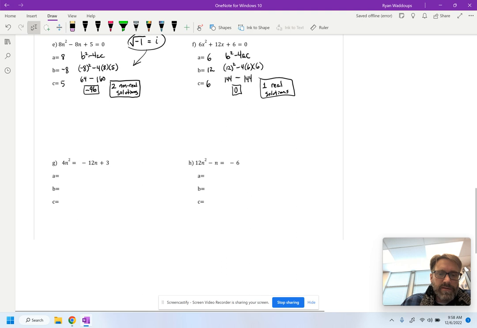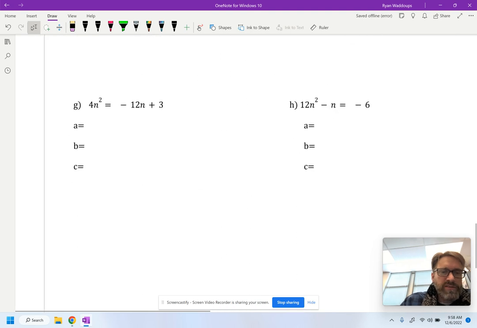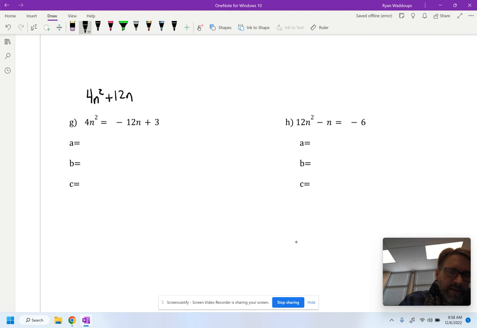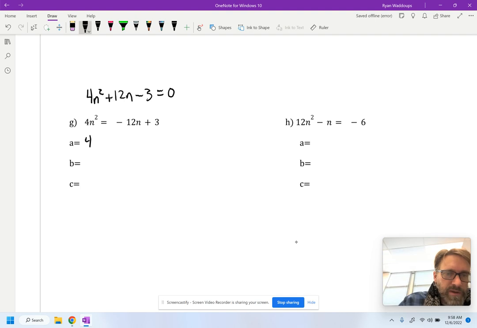All right, just a couple more here to go. 4n squared equals negative 12n plus 3. We need to rewrite this, so we're going to write it as 4n squared. Bringing the negative 12n over becomes plus 12n, and the plus 3 becomes minus 3, equal to 0. So A equals 4, B equals 12, and C equals negative 3.